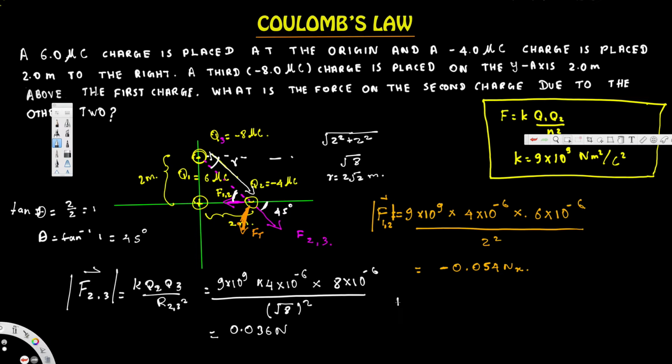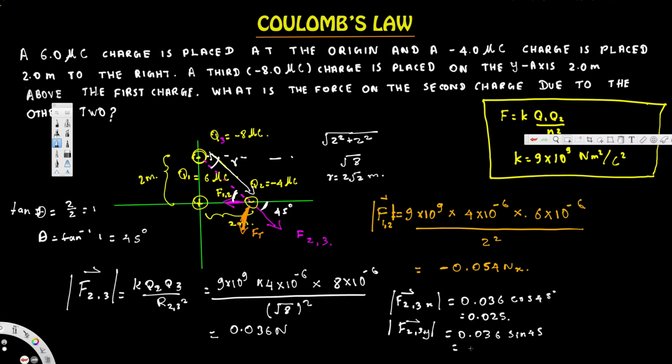Let's go ahead and find the x component. F23 x component is going to be 0.036 cosine 45. That's equivalent to 0.025. And F23y is going to be 0.036 sine 45.